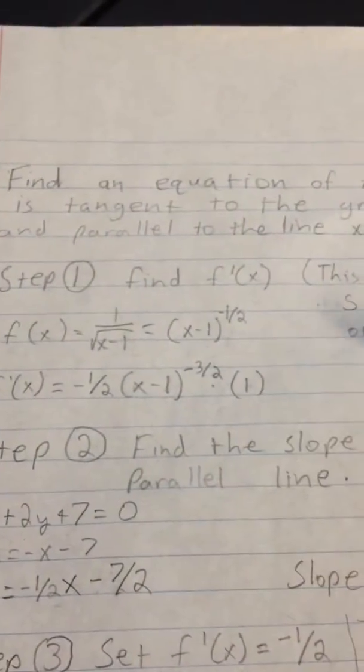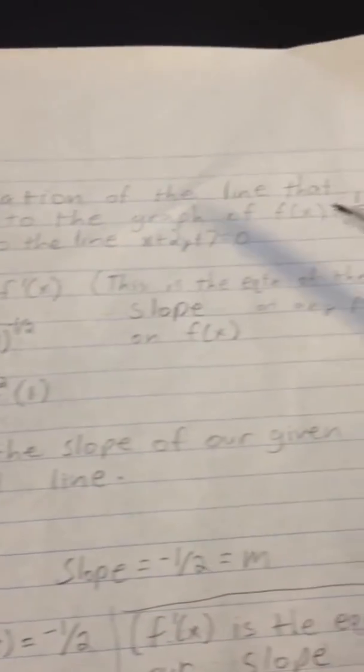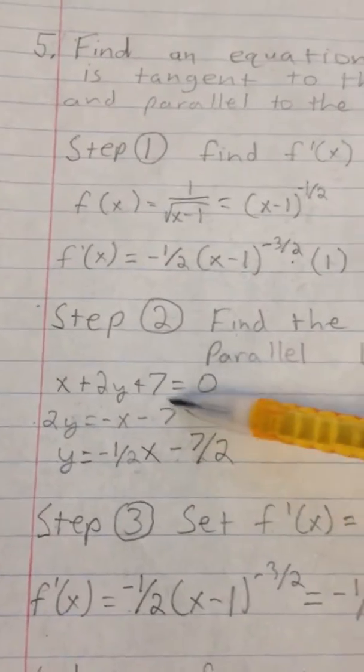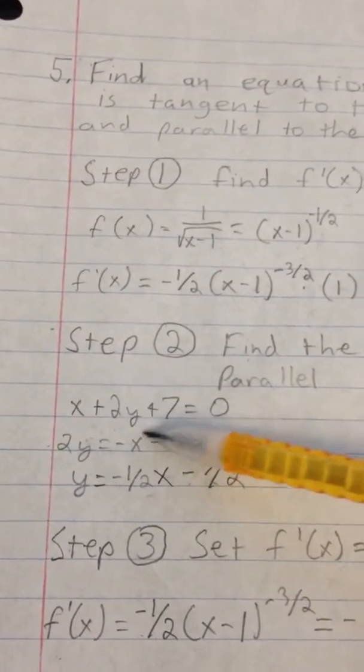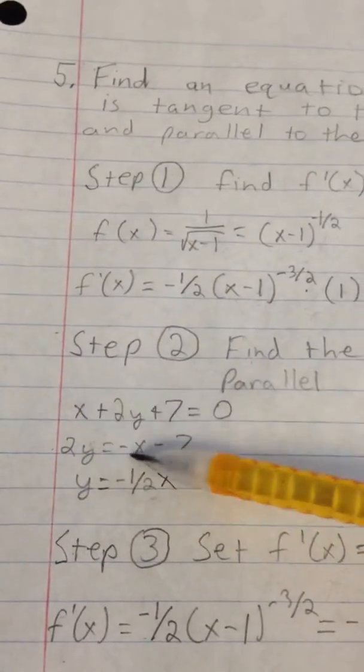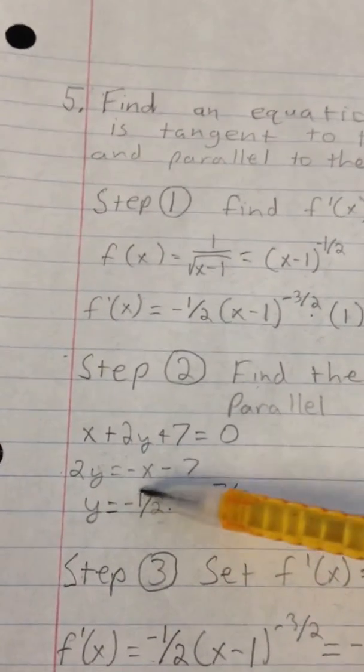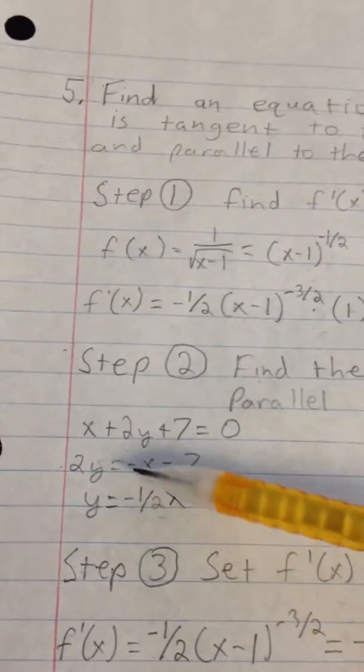Alright, so in step 2 I found the slope of the given parallel line up in the original problem. The given line that we wanted to find a tangent line parallel to was x plus 2y plus 7 equals 0. Now in order to find the slope of this line, I just solved for y.